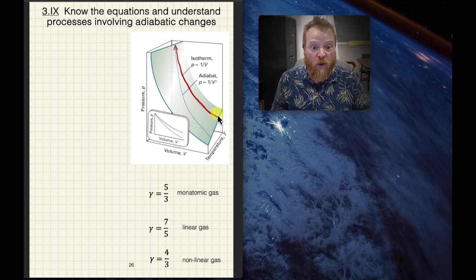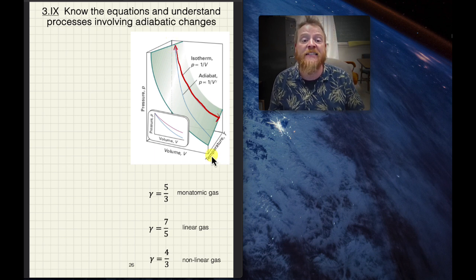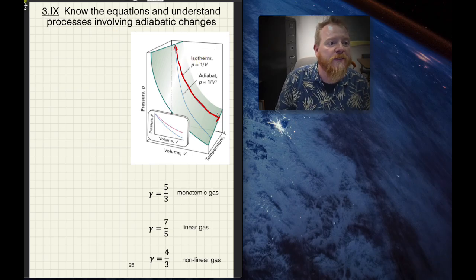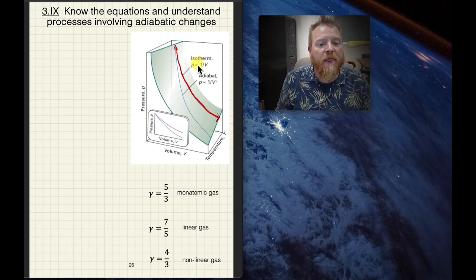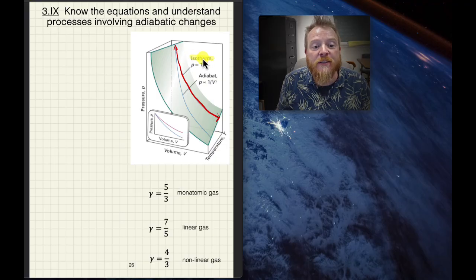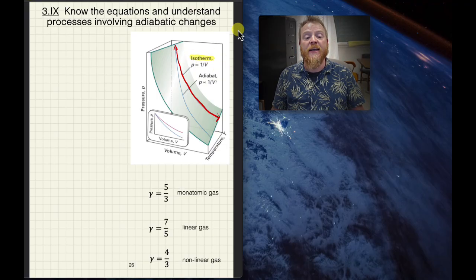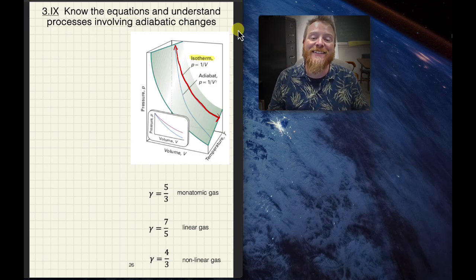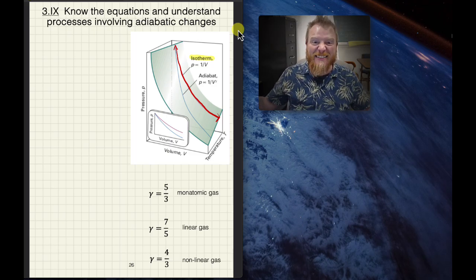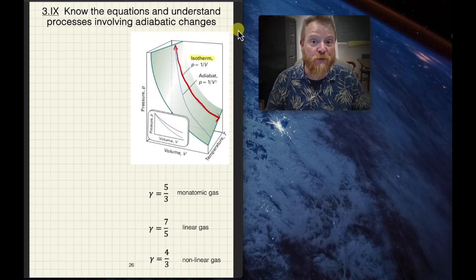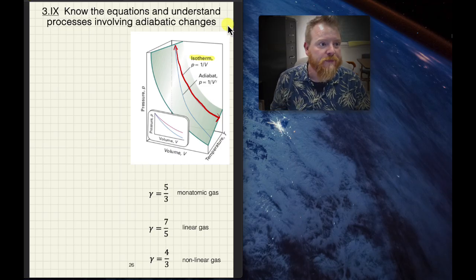So expanding or even compressing an ideal gas. Because it's an isotherm, that means temperature must be constant. And for temperature to be constant, that means it has to be diathermic. So heat has to be able to flow in and out of the system to fuel that change.